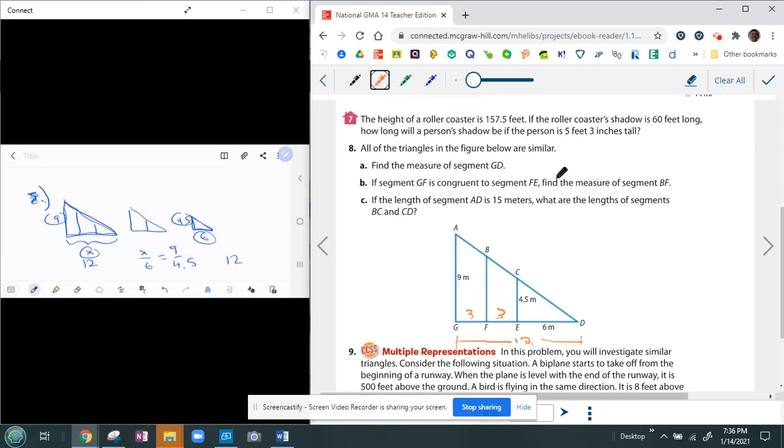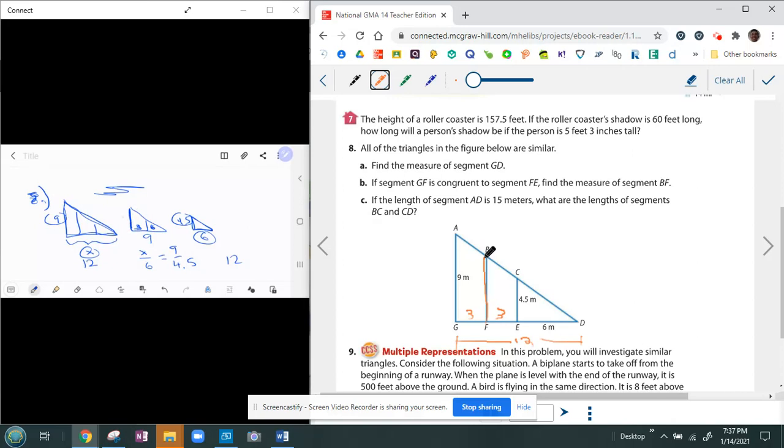Well, because we have to find the measurement of BF, which is this guy here, and we can't get him unless we know at least one of the side lengths of this mid-sized triangle. So now we know that this was 6 and this was 3. Anyway, 3 and 6, so therefore, this bottom is 9.